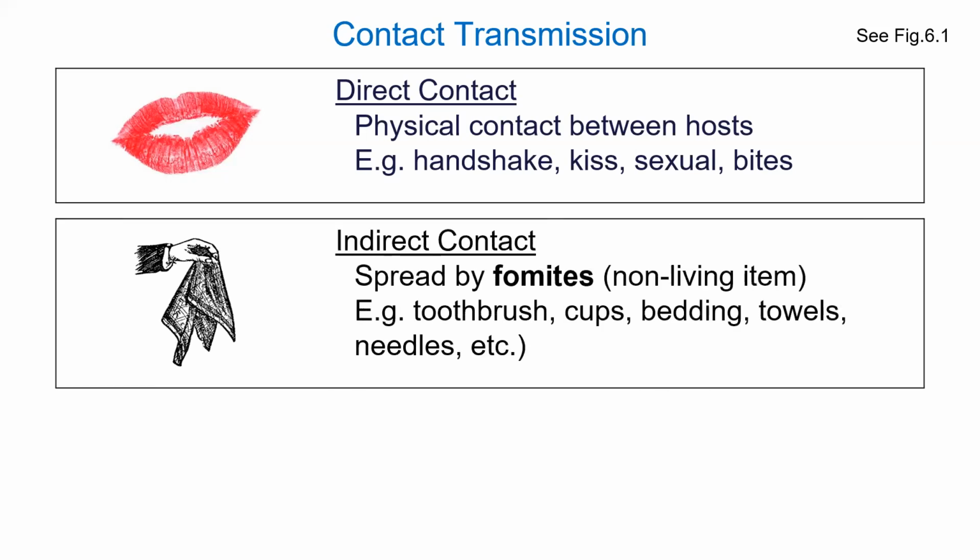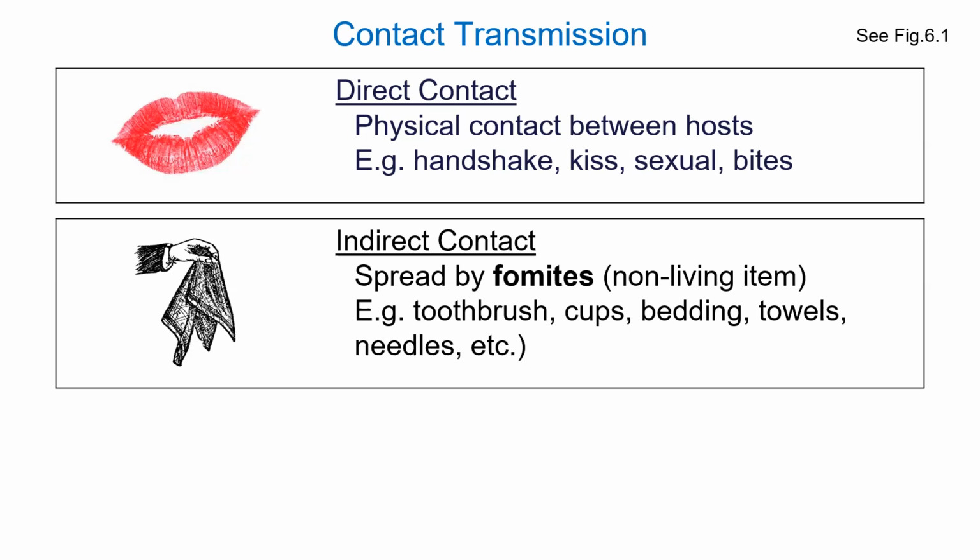Kind of related is indirect. So some sort of fomite. I keep pointing at the doorknob. Somebody sneezes on their hand and touches the doorknob. I remember when I was a student one time on the bus, I saw somebody this time of year sneeze in their hand and grab the pole, and I see them sort of slip as they're grabbing the pole. And I'm just like, I don't want to touch that pole.